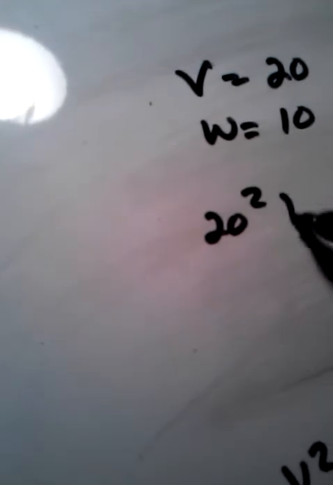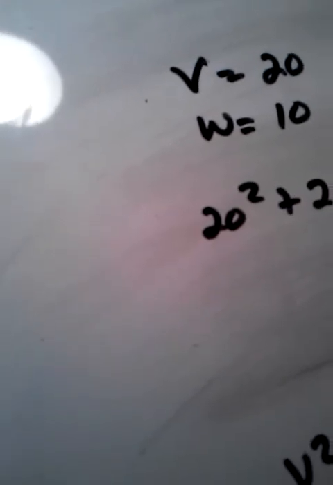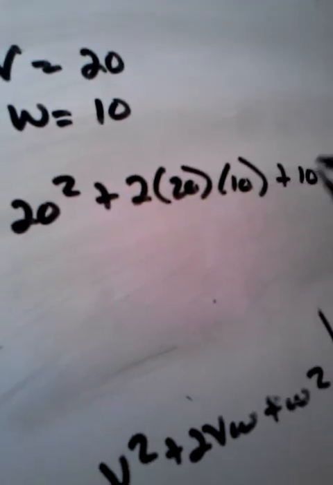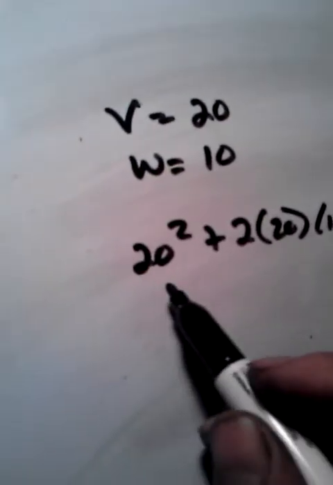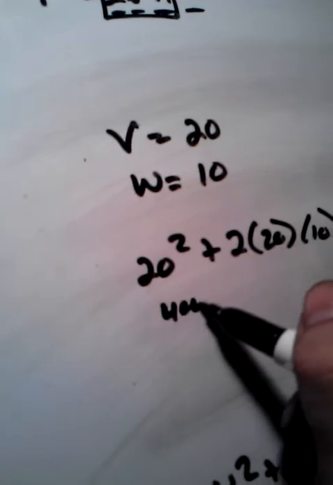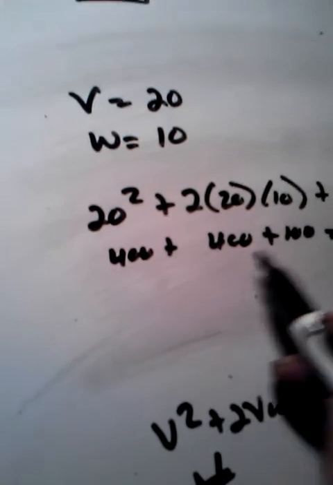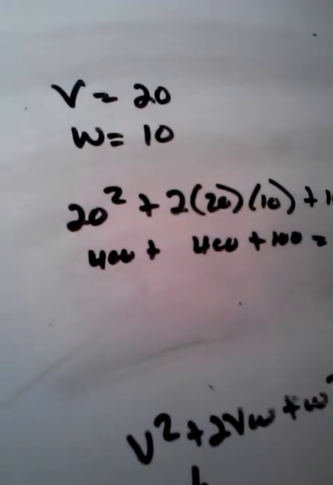So 20 squared plus 2 times 20 times 10 plus 10 squared. 20 squared, 400. 2 times 20, 40 times 10, another 400. And then 10 squared, 100. So in the case of a headwind, we end up with 400 plus 400, 800 plus 100, 900.